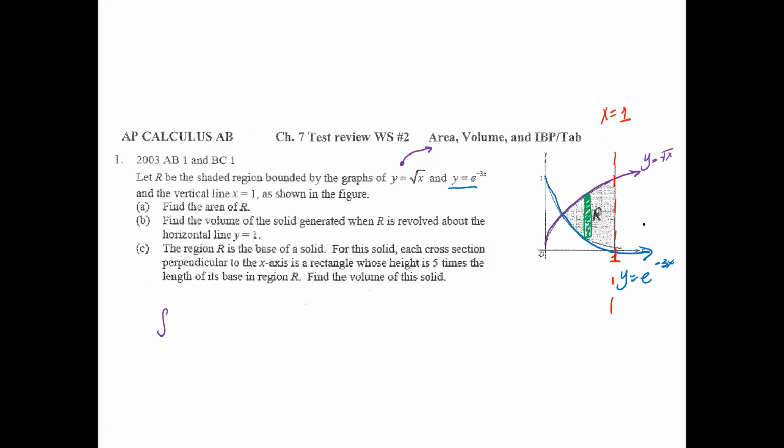Because it's top minus bottom, you're looking at the integral from x1 to x2, and that's going to be 0 to 1 in this situation.